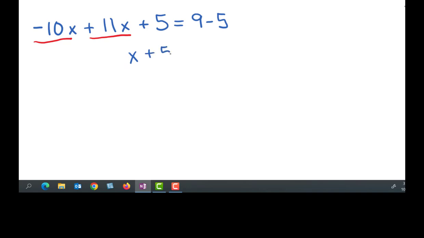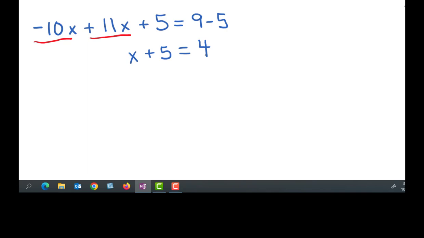Keep your plus 5 and keep your equals. Right, now we ignore that half and we go on the other side. Look over here, you have some like terms. Those numbers can go together. So 9 minus 5 gives us 4. Now you're ready to start solving.